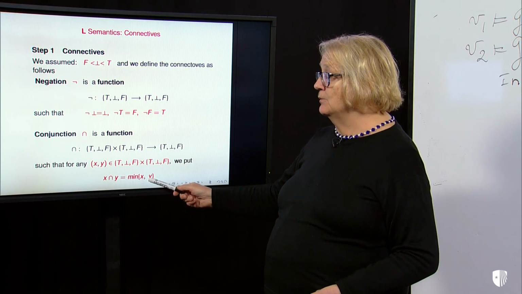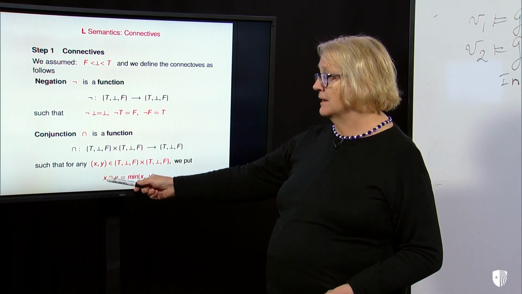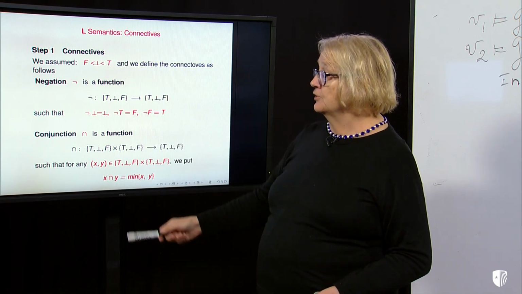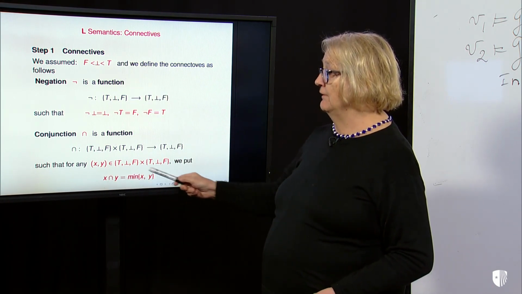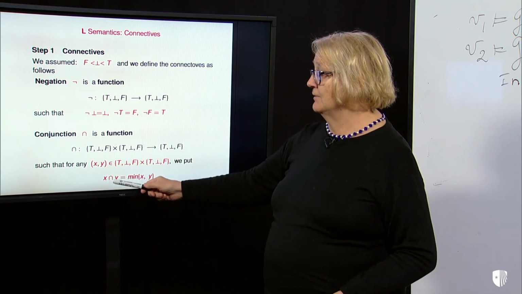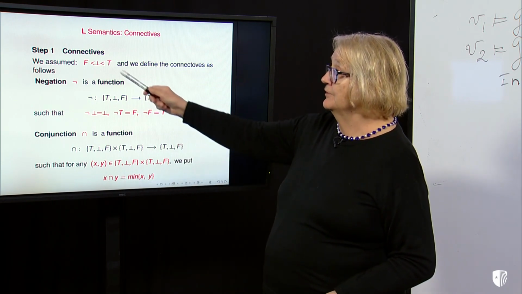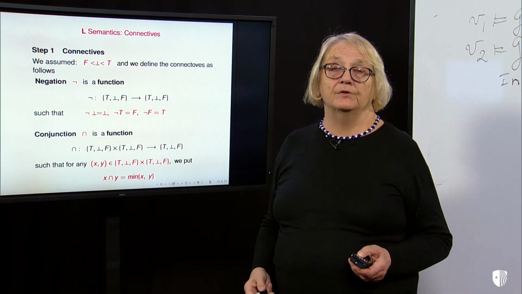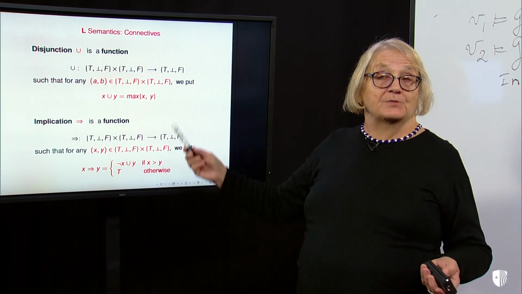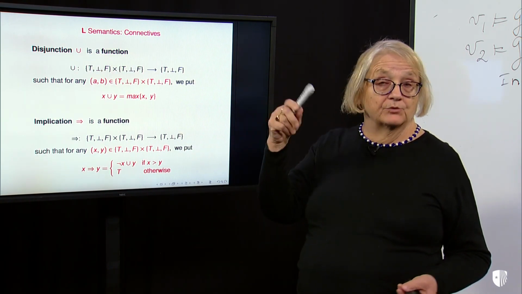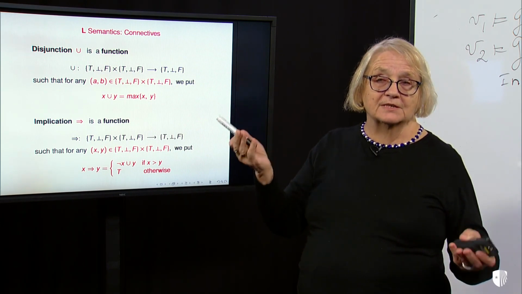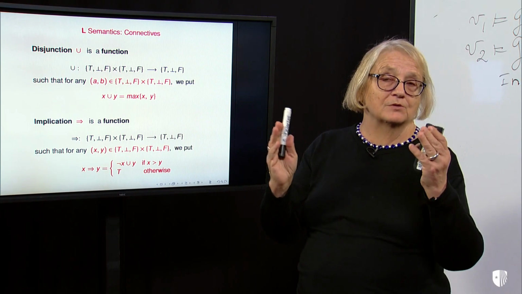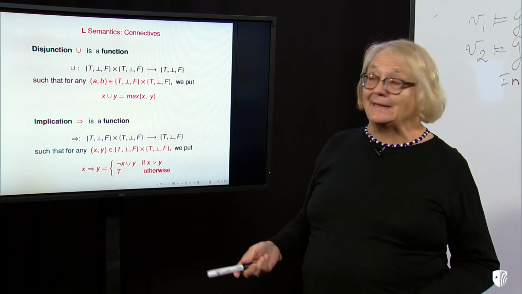Conjunction is minimum, and we can write minimum of x, y, because they are ordered. So that is your formula for conjunction. Disjunction is maximum. When you look at our truth tables for classical logic, it's the same conjunction and disjunction if you say that false is less than true. And now implication.